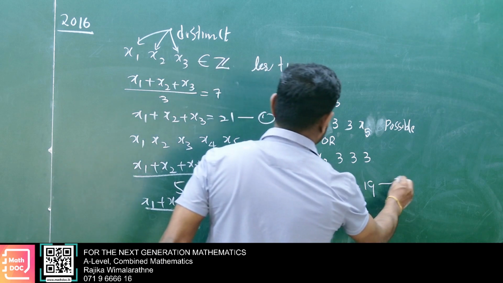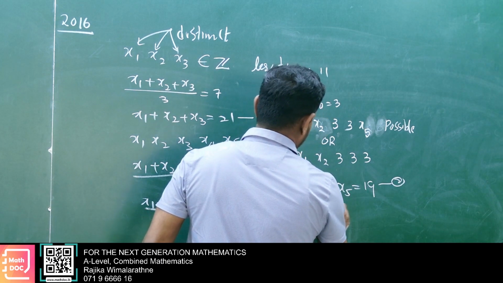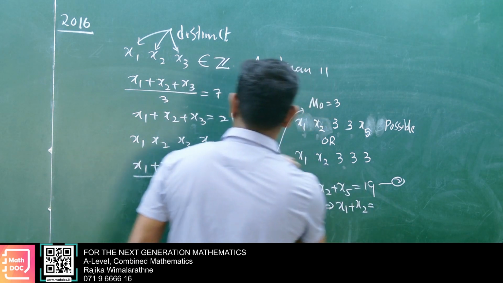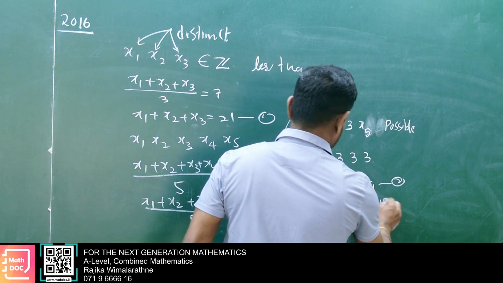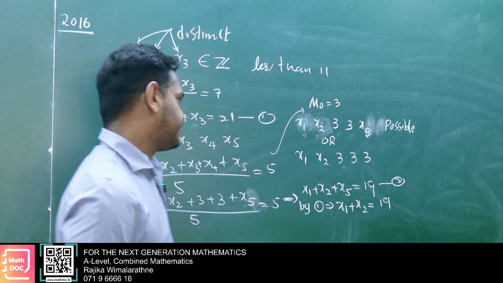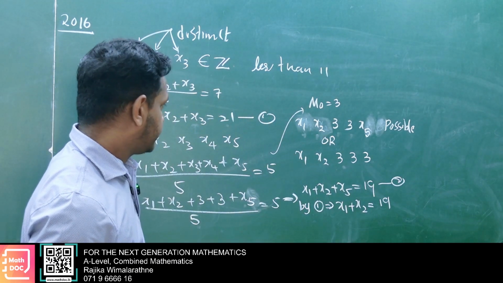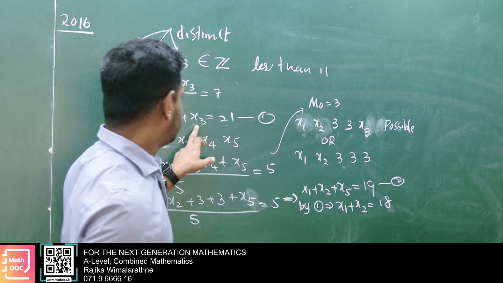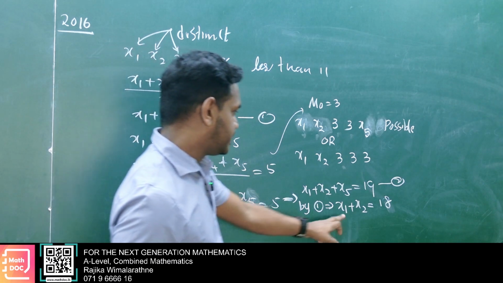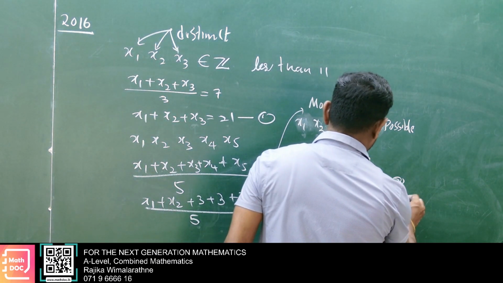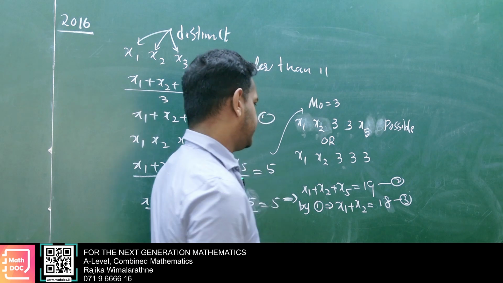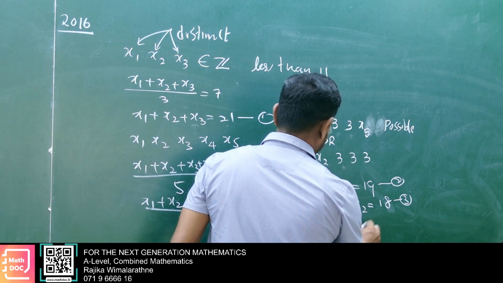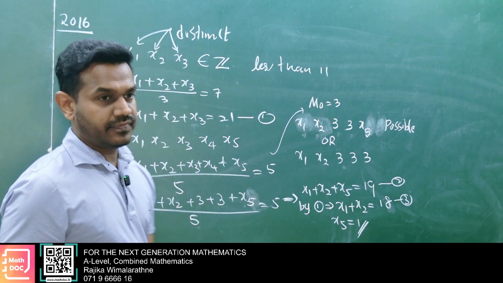By the second equation, we know one value is 3, so x1 plus x2 equal 21 minus 3, that is 18. Then x5 equal 1.